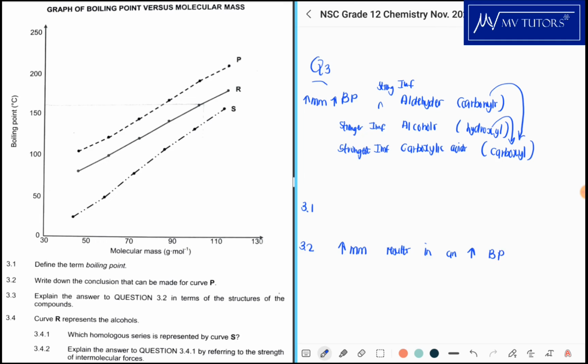That's the trend for all the graphs, for the carboxylic acids, aldehydes, as well as the primary alcohol. But specifically for P, I would say that P would have to be the carboxylic acid.